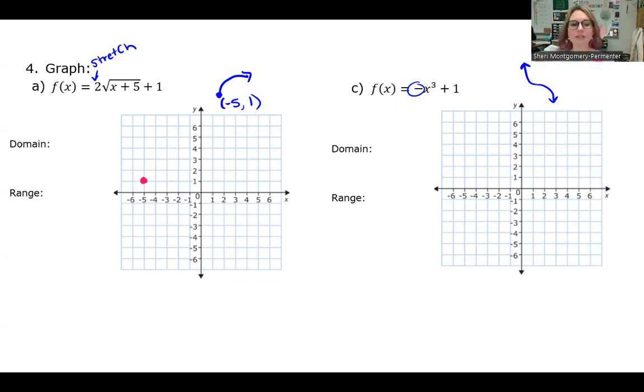From there, I normally go over 1 and then up 1, my first perfect square, but I'm going to double it. So I'm going to go up 2.